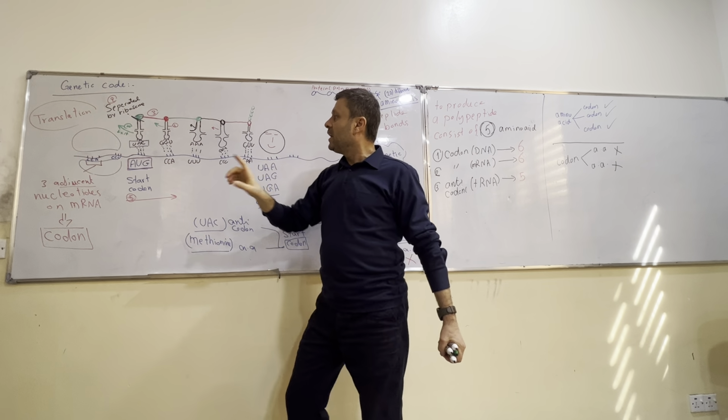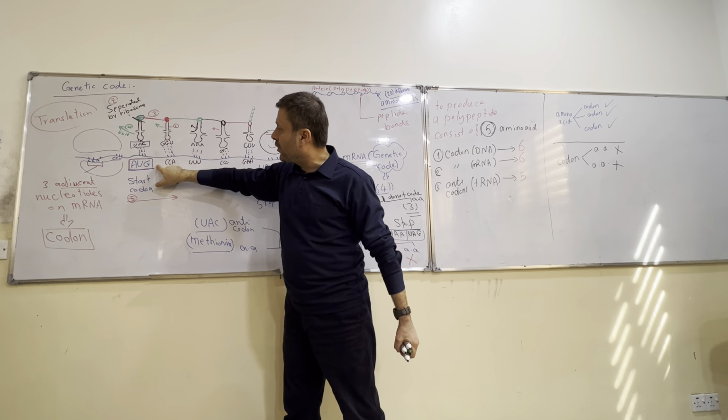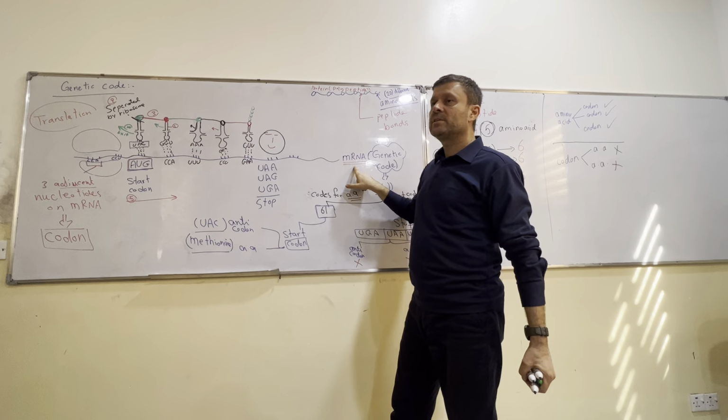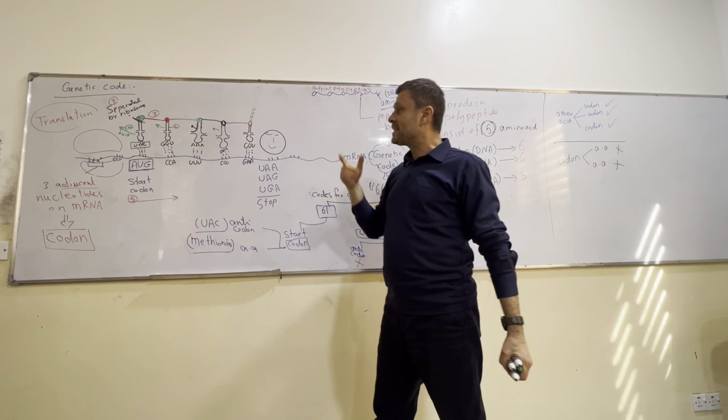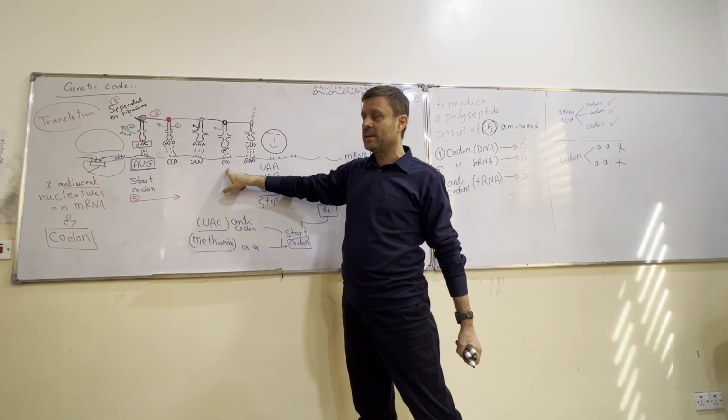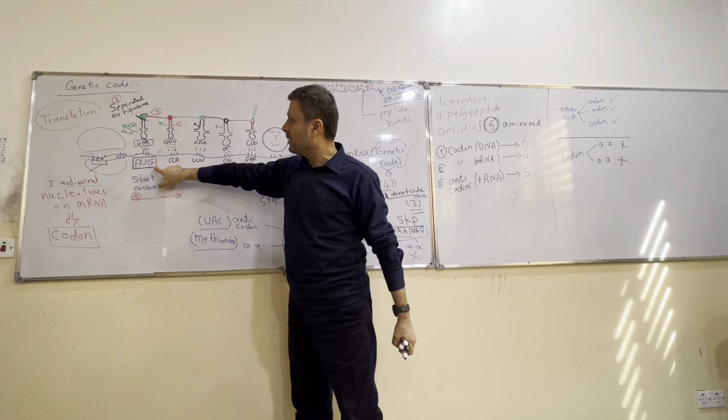Three adjacent nucleotides on mRNA are called a codon. A codon can be a stop codon, a start codon, or one that determines amino acids. Can you define the start codon?